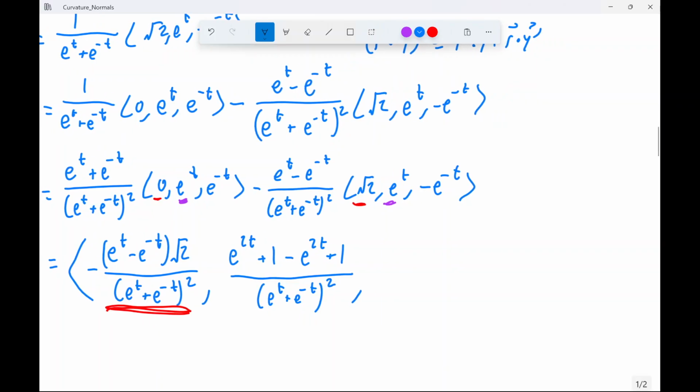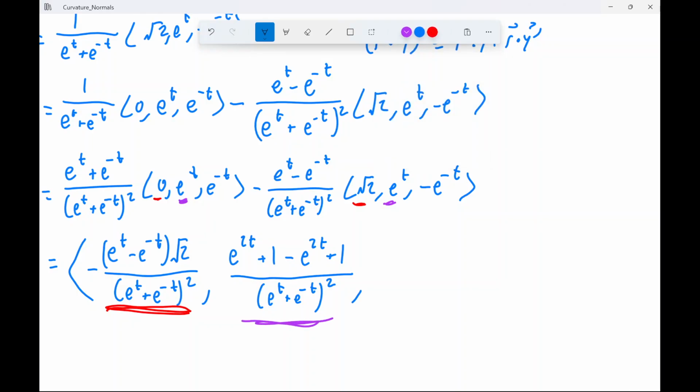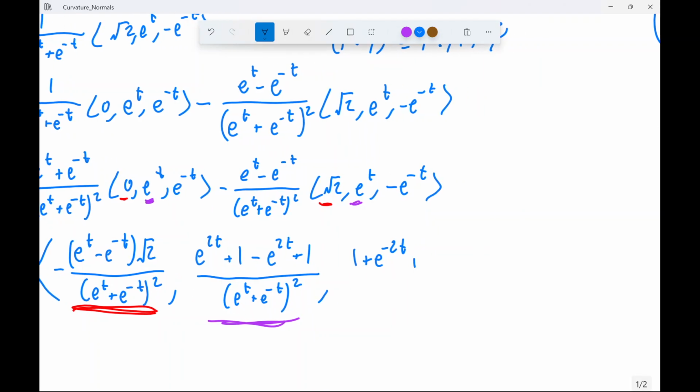Okay, and then I'll do a similar one, I'm running out of colors, so that one's my purple. And then let's just make this last one brown. So that will be this times this. That will be 1 plus e to the negative 2t. And this times this, keeping into account our negative signs, is going to be plus 1.